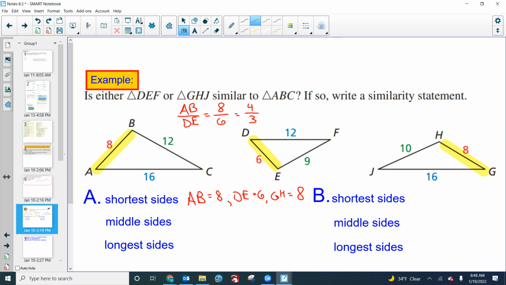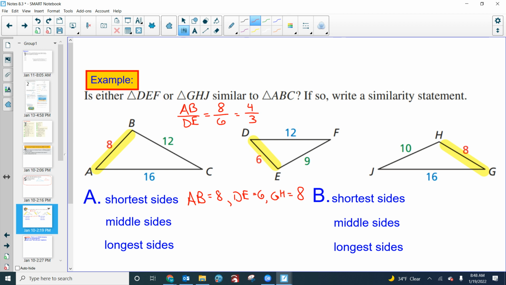Okay? Let's practice that. It's been a while. What is the scale factor to go from this bigger triangle of ABC down to the smaller triangle of DEF? It's not 4/3. That would make it bigger. It's 3/4. You guys all understand that? K is the scale factor. K would be 3/4. Right now we're just comparing them. Okay?